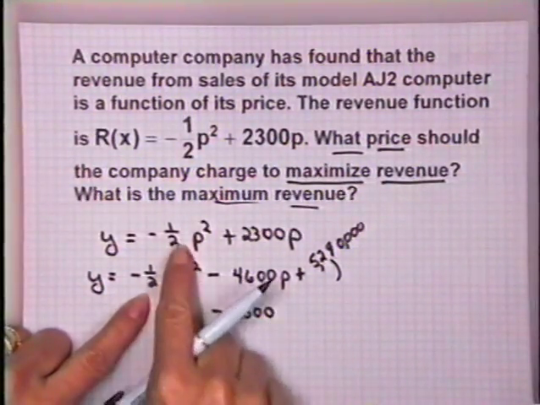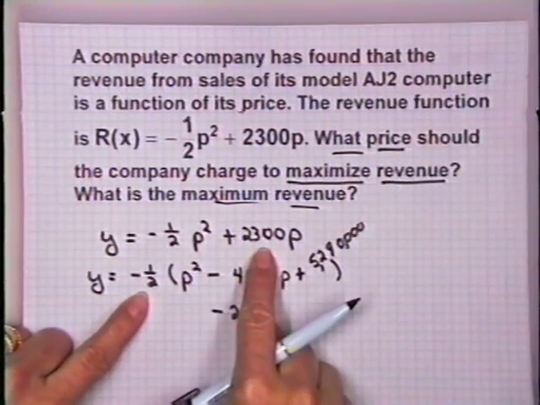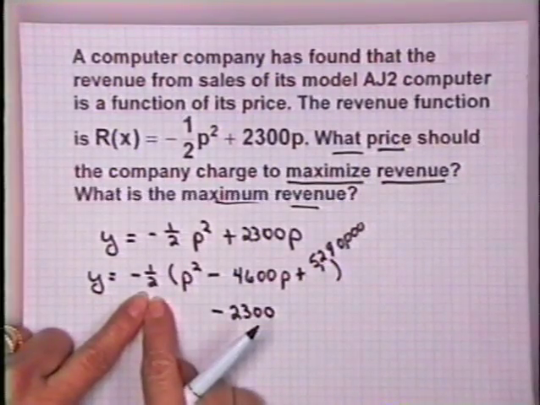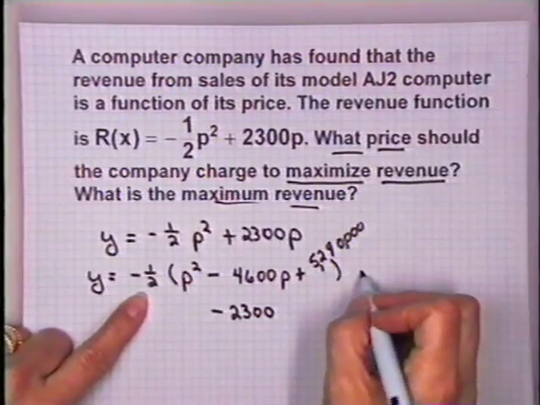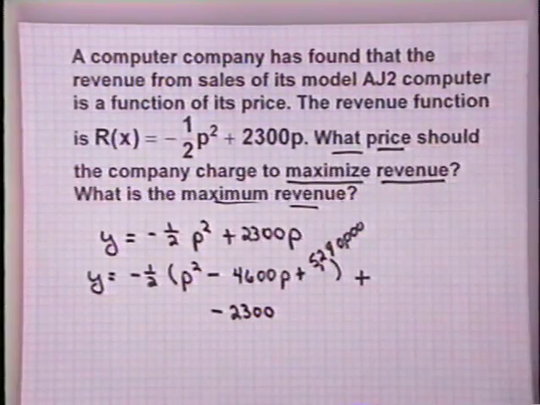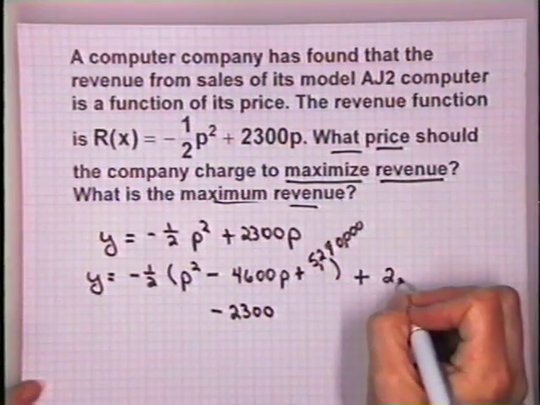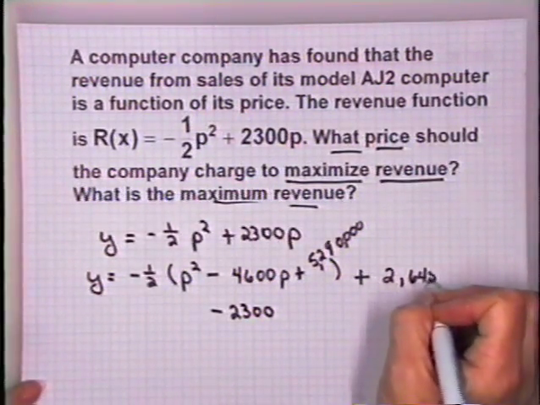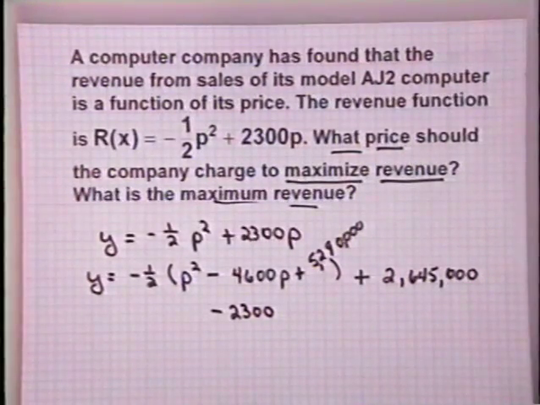Now let's think about what I need to do here. Negative 1/2 times p squared. There's my minus 1/2 p squared. This times this is my plus 2300p. Negative 1/2 times this is going to be a negative, so I need to add to keep my 0. I need 1/2 of that 5,290,000, so I'm going to divide that by 2. That's going to give me a plus 2,645,000. Okay? Now again, keep in mind what we wanted.